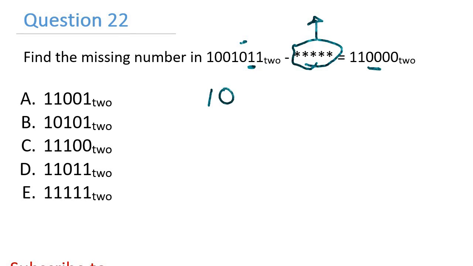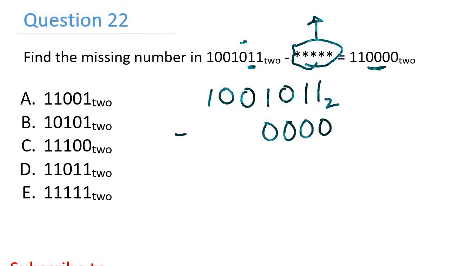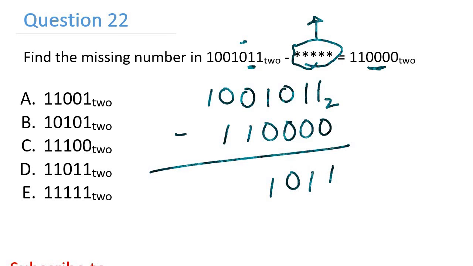So 1001011 base 2 minus the answer, which is 0000, 4 zeros, right? Then 11 will give me the asterisk. So this is 1, this is 1, this is 0, this is 1. Now the issue is what we have here.